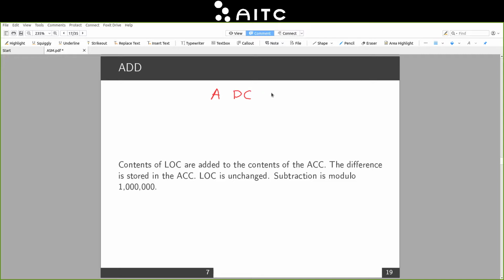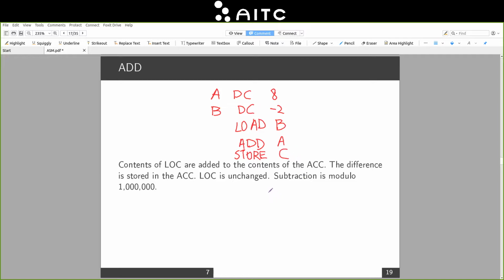DC A 8 and DC B negative 2, and load B, add A, and then store C.